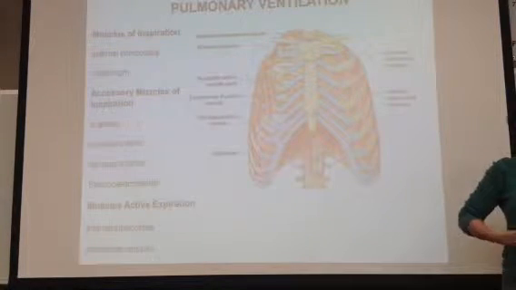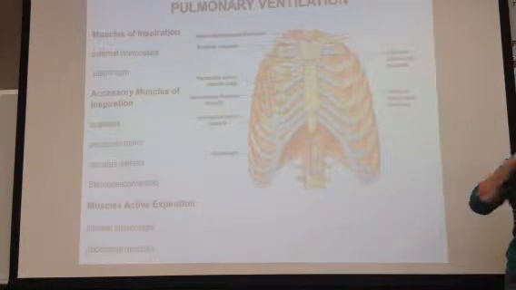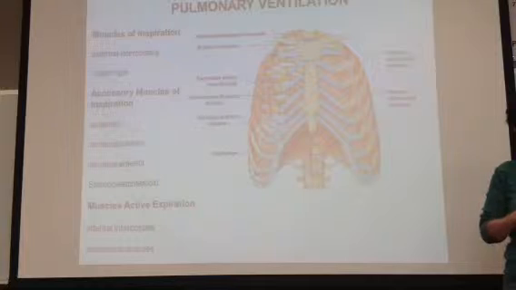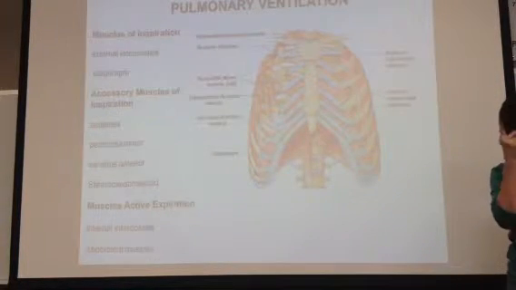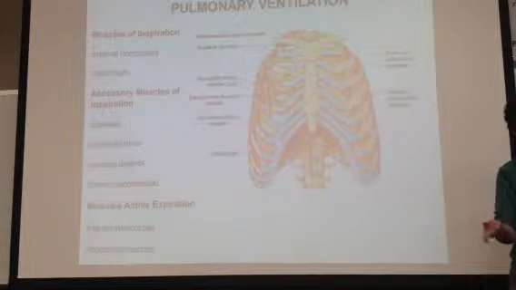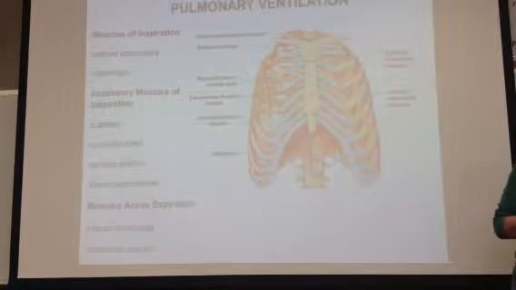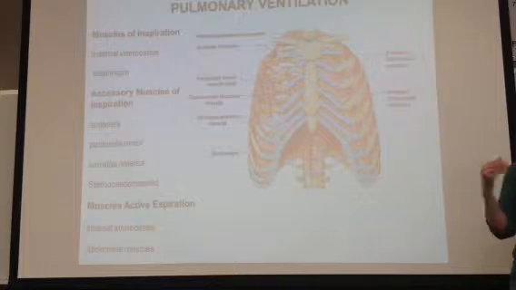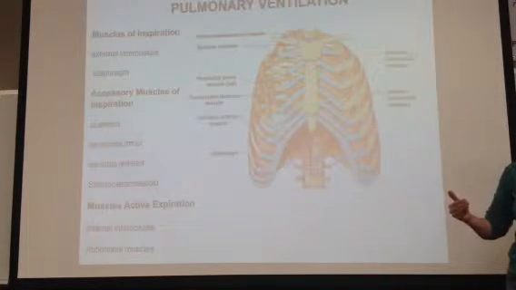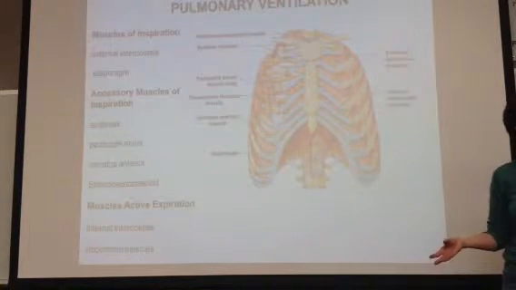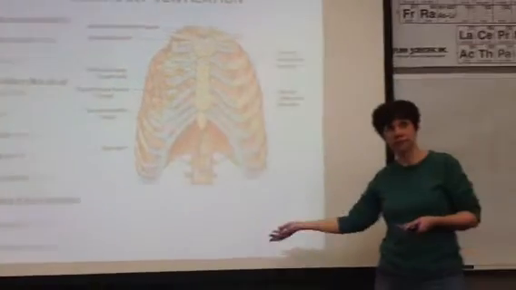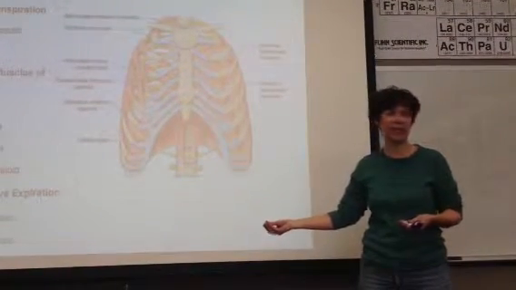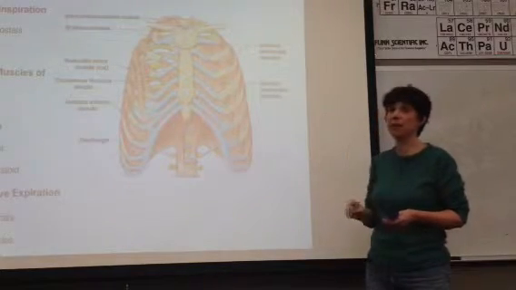That's just moving air into and out of the lungs. External respiration is the diffusion I was talking about, where oxygen moves out of the alveoli into the blood, and CO2 moves out of the blood into the alveoli. And then internal respiration is gas exchange at the tissues, still involving the blood, but instead of the alveoli, involving tissue cells. Right? So we're going to work with pulmonary ventilation.